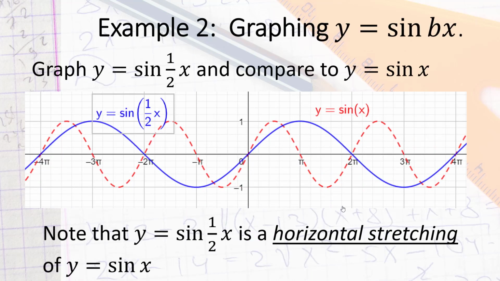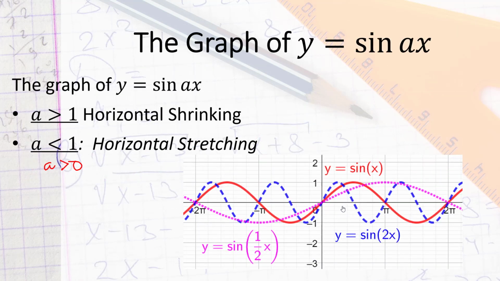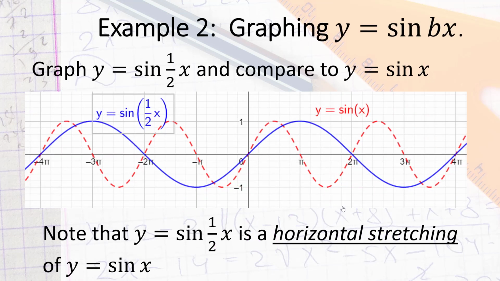Let's go back to this particular problem right here. Notice that the period of sine of 1/2 x is 4 pi. It takes a distance of 4 pi before the wave begins to repeat. And the period of sine of x is simply 2 pi.